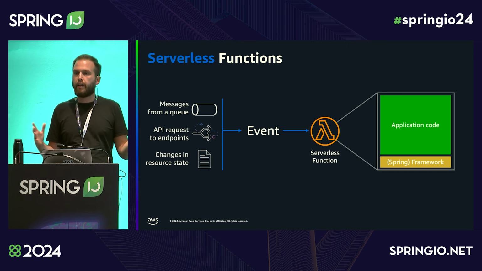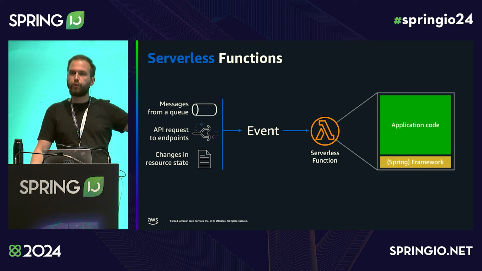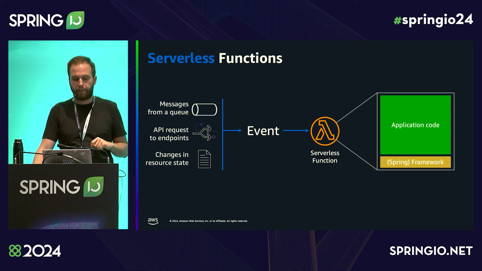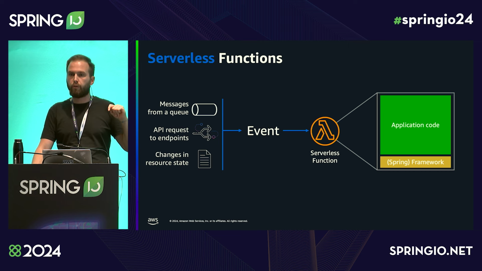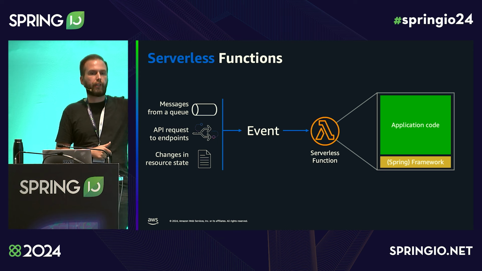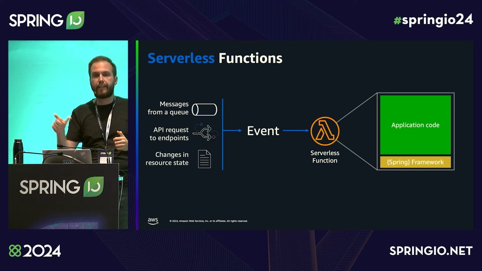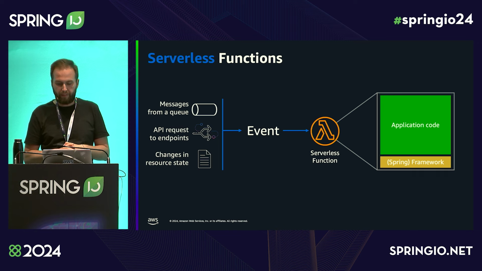And an event can have different variations. A message that is put on a queue can be seen as an event, or an API request to an endpoint, like "Hey, I want to retrieve all my orders," can be seen as an event. Or if I upload an object to S3, that can also be seen as an event. And only then is my function executed.